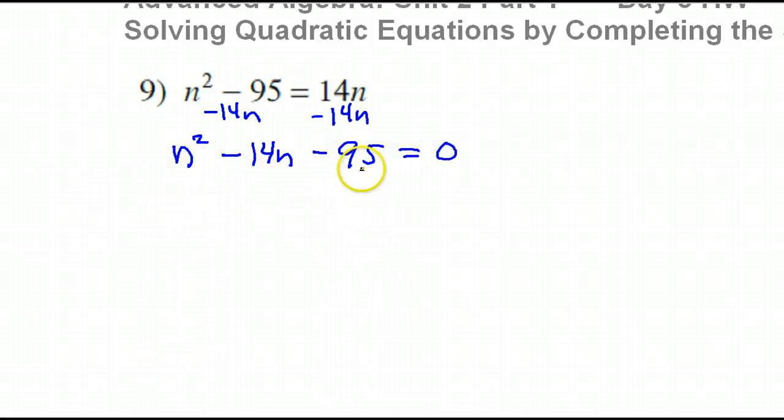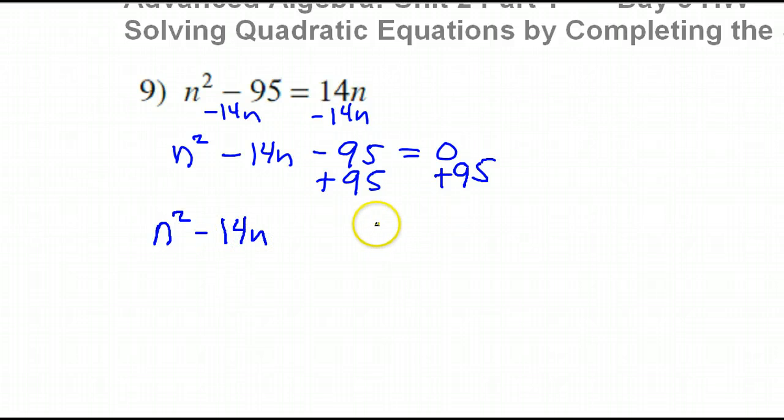Okay, now it looks like a standard form quadratic polynomial. But then we will get rid of the negative 95 like we've done several times today. So add 95 to both sides. So that's going to give me n squared minus 14n is equal to 95.